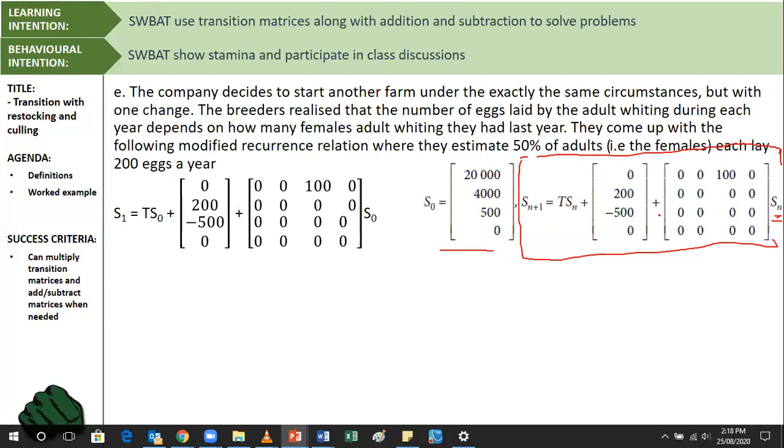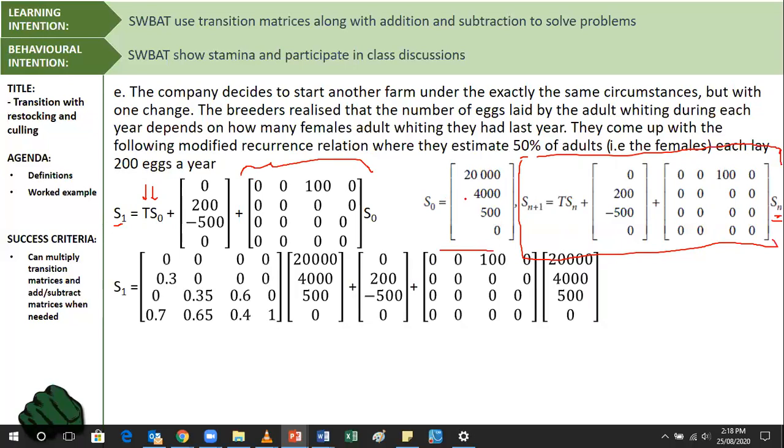So if you want to work out how many we're going to have for the first year, this is what it looks like. For the first year, you have your T matrix times the original. The original stays the same. The only thing that's changed is this big thing that sits here. So this is what we're going to use. We're going to substitute S0 in. So your T matrix, this is your T matrix that was given to you at the start.